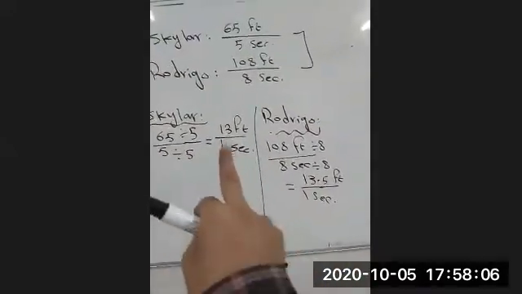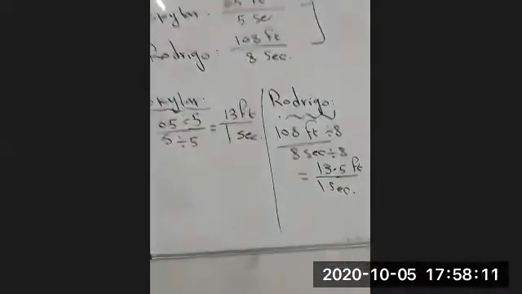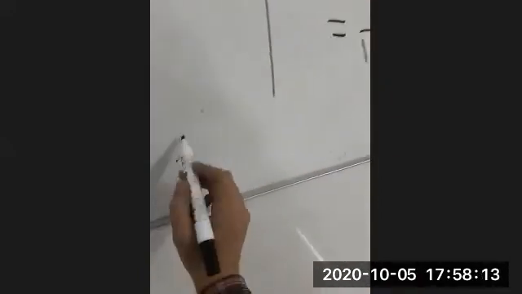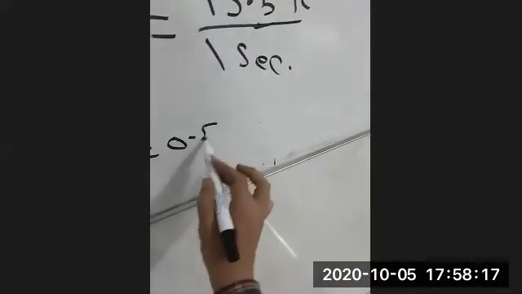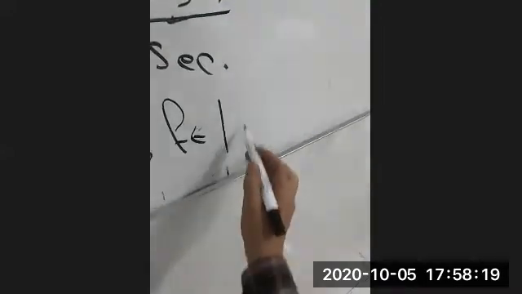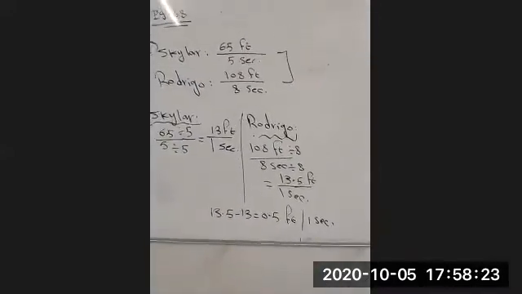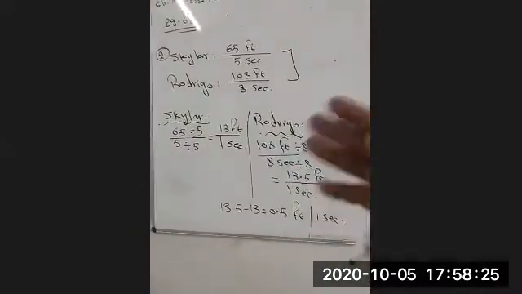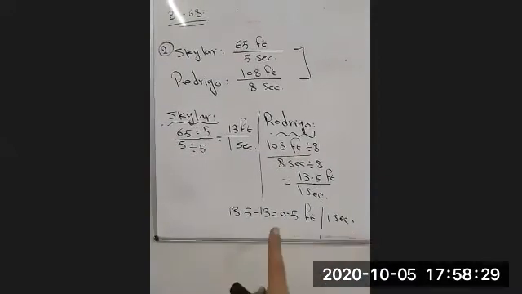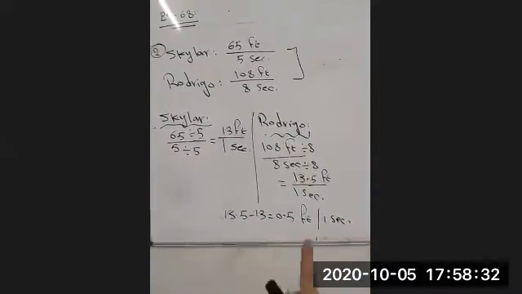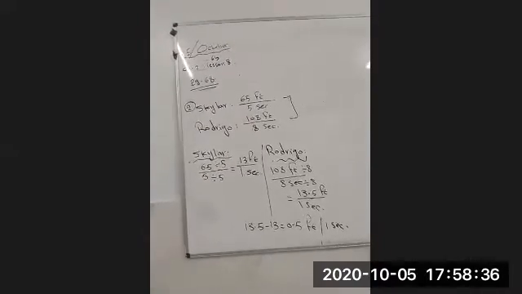We subtract 13.5 minus 13, which is 0.5 feet per 1 second. So Rodrigo can travel half a foot more than Skylar in 1 second. Do you understand it now?